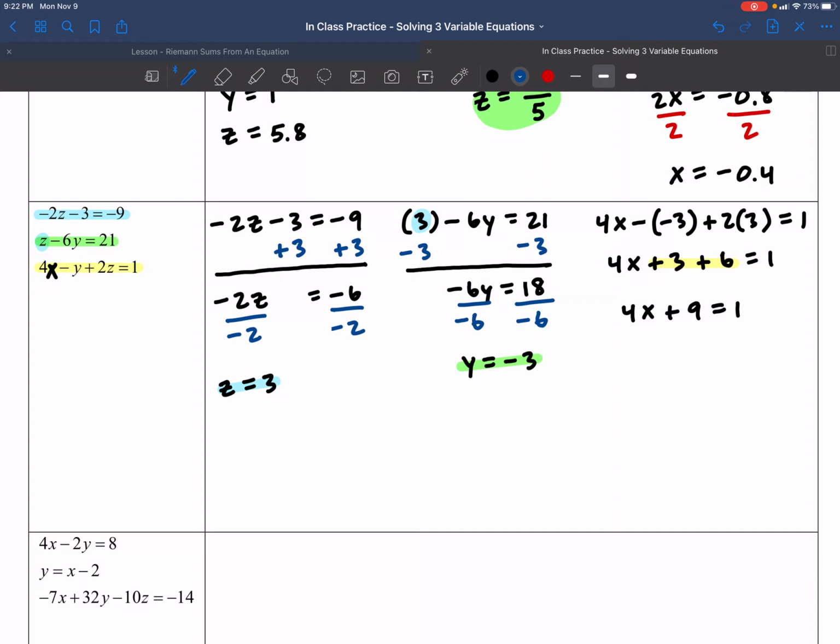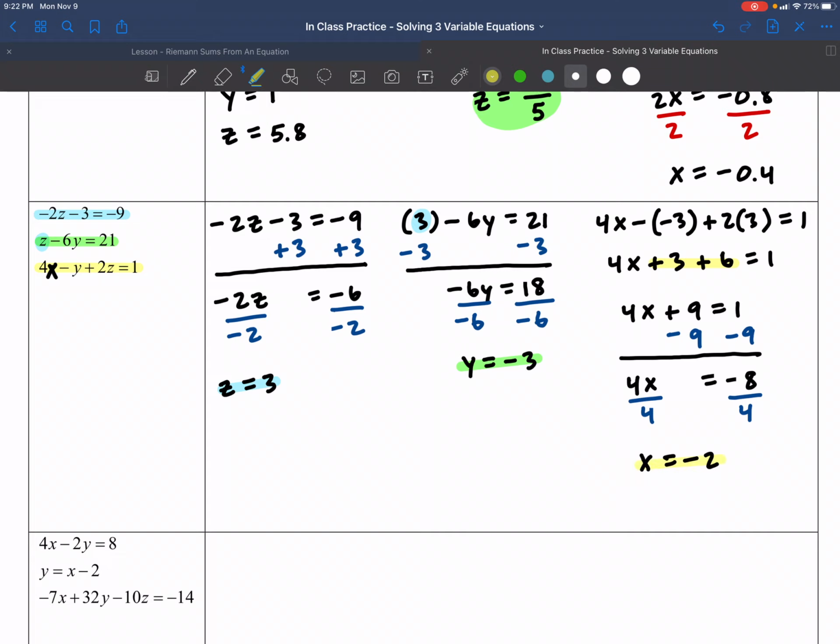We're going to subtract 9 from both sides, so 4x is equal to negative 8. We're going to divide both sides by 4, and x is equal to negative 2.